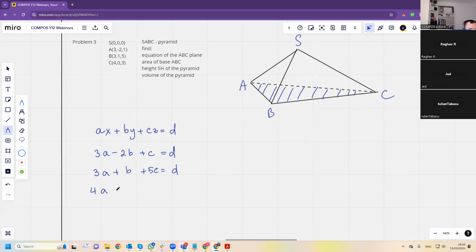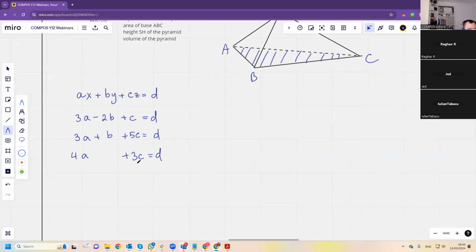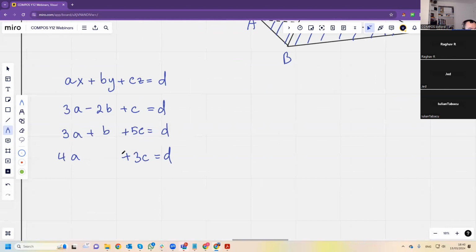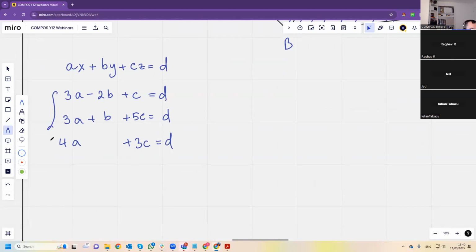And 4a plus 3c equals d. So what can we do here? Well, let's try to eliminate them one by one.